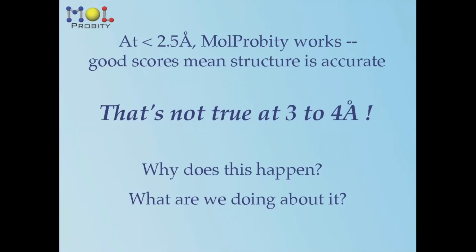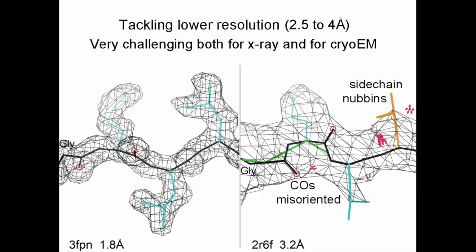So the most common problem at 3 to 4 angstroms is that you can't anymore see a protrusion for the carbonyl oxygen. At high resolution, those oxygens stick out sidewise from the tube of the rest of the density.